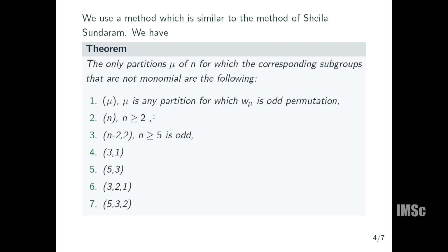The first one is mu where the corresponding permutation w_mu is an odd permutation, the second one is the n-cycle, and the third one is the permutation corresponding to the partition (n-2, 2) with n greater than or equal to 5. And there are some finitely many other partitions. The first three are the only infinite families of partitions.